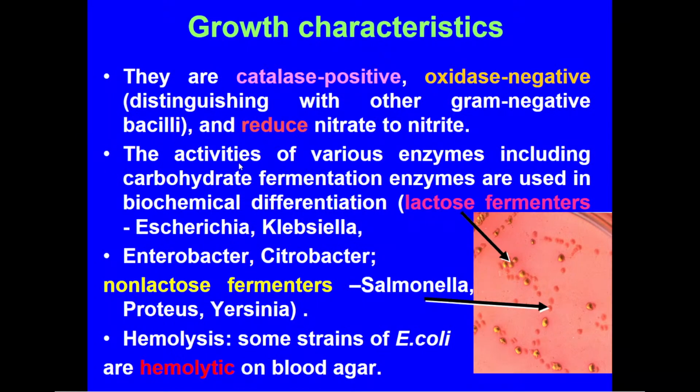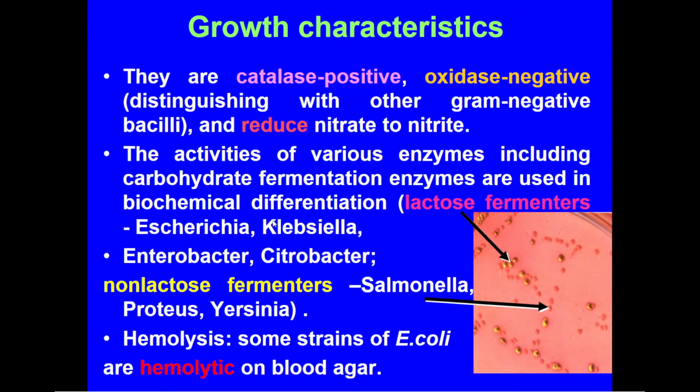Some other biochemical properties: they are catalase positive, which means they can split H2O2, and oxidase negative, which distinguishes them from other gram-negative bacilli. They may also reduce nitrate to nitrite.